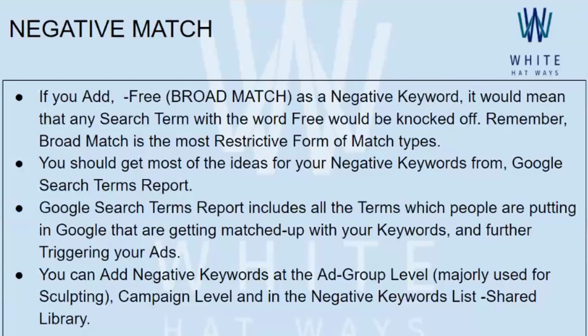If they are good terms and you might not have thought of them at the beginning of your campaign, you can put them as a keyword. And if they are not good and they are irrelevant, then you can put them as a negative keyword. And you can leave some of them in case you want to. If you don't want to put anything, neither as a keyword nor as a negative keyword, then also it is okay.